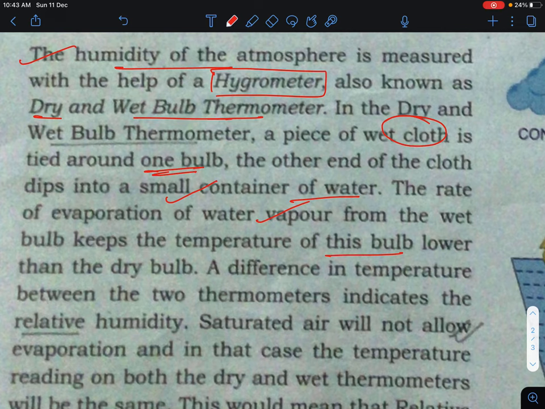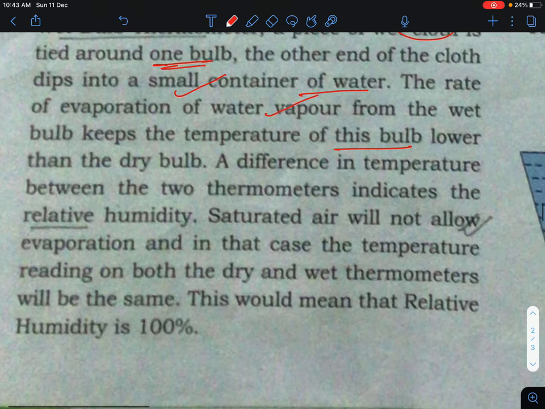Due to the wetness, the thermometer shows a lower temperature as compared to the dry bulb. The difference in temperature between the dry and wet thermometers indicates the relative humidity.